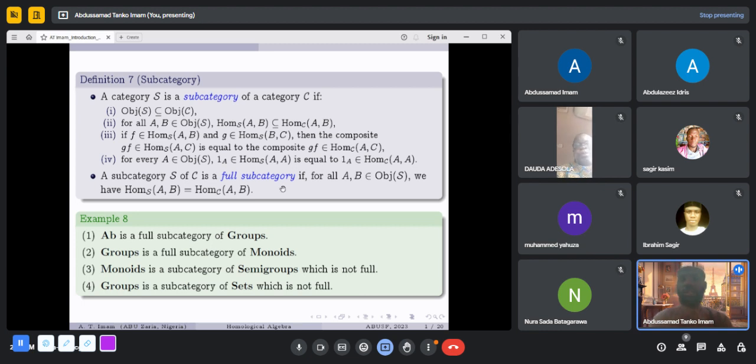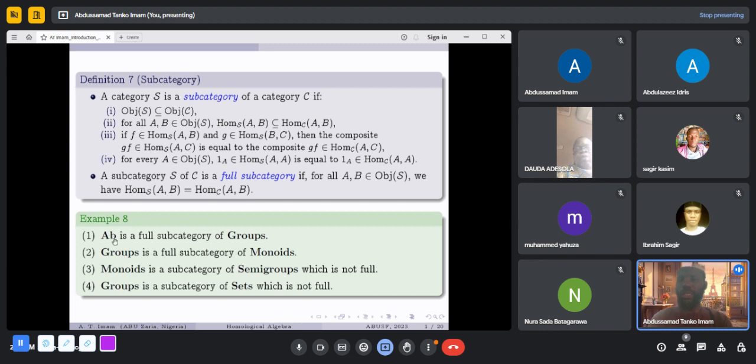So please, this concept should be clear, because we will be mentioning them throughout the course without having to waste time recalling what they are. And in fact, you can look at examples of full subcategories here.